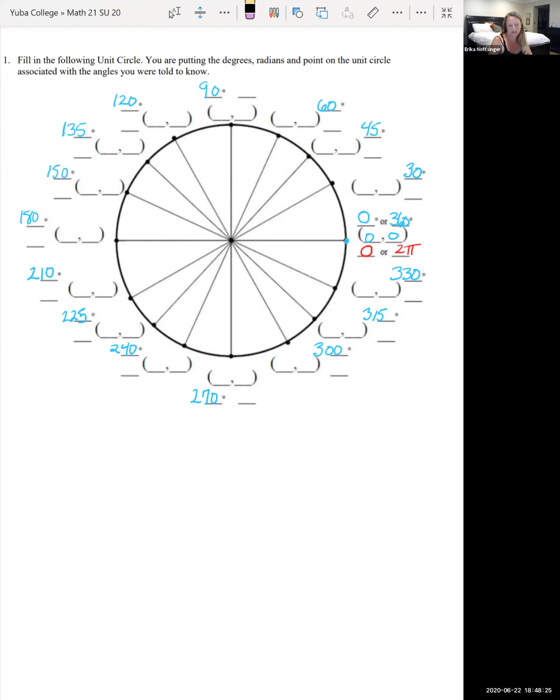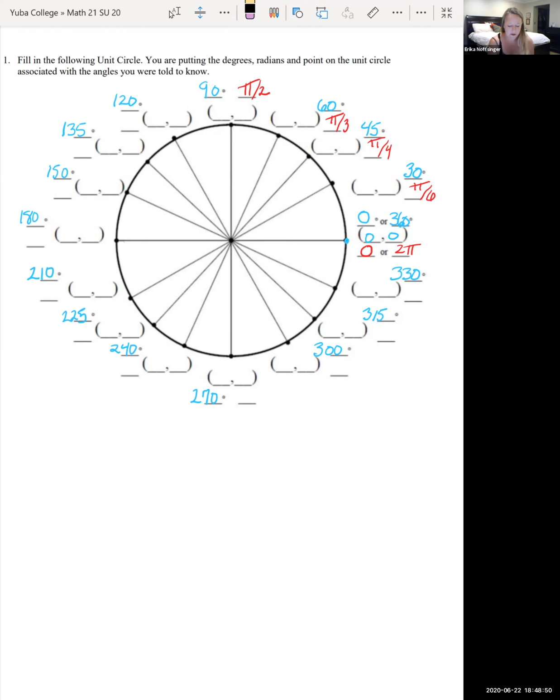Well, 30 goes into 180 6 times, so this is pi over 6. 45 degrees, this is pi over 4. 60 degrees, this is pi over 3. 90 degrees, this is pi over 2.